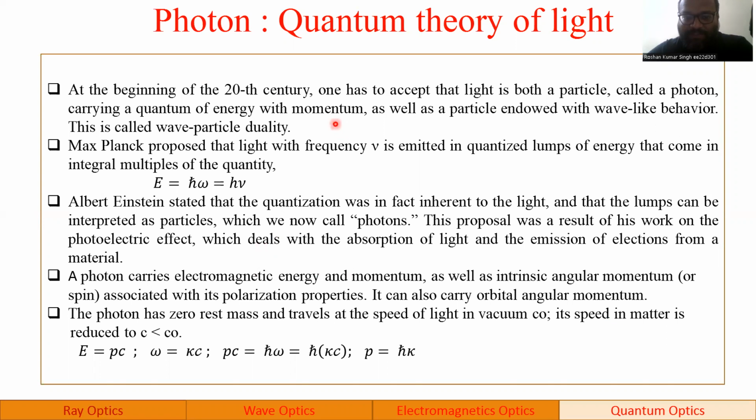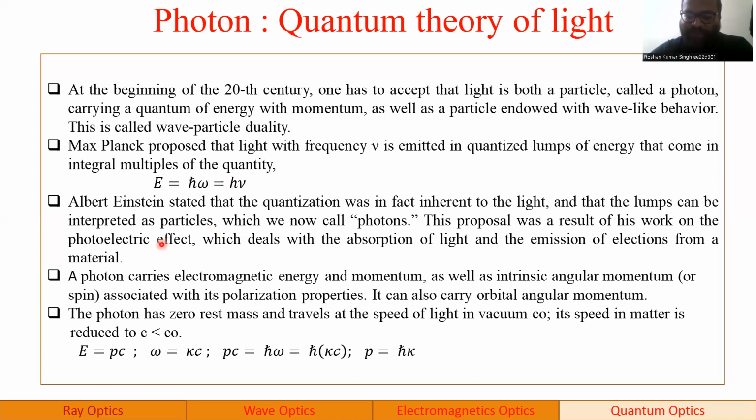Then a theory came out which is known as wave-particle duality, so light can behave as a wave or as a particle. Max Planck said that when light is emitted, it is not continuous but in a discrete, quantized form, in multiples of the frequency times a factor h, which is known as the Planck constant.